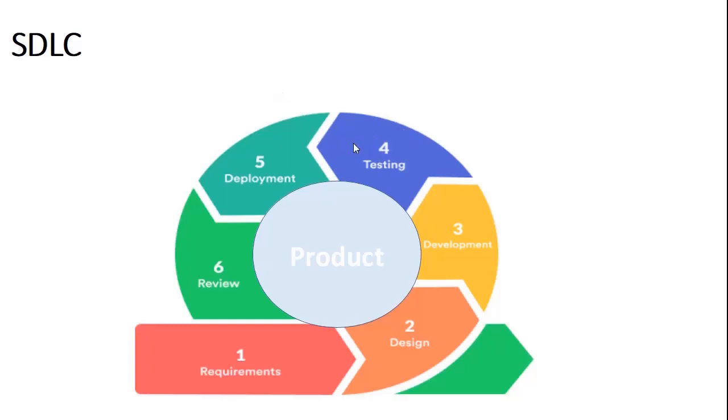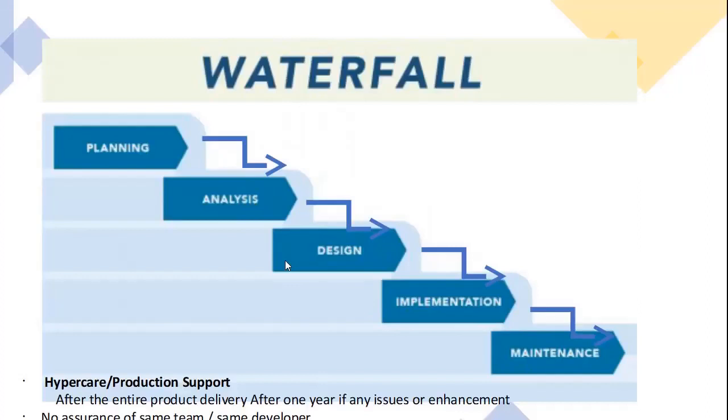Once the testing is done, only then will it be available for deployment. So likewise, these are the different phases, the same phases. Maybe the names will change sometimes, so that's why I have captured different names here. Once planning is done, then analysis, then design, then implementation, then maintenance. So one stage after another, we need to follow. That is nothing but the waterfall model.